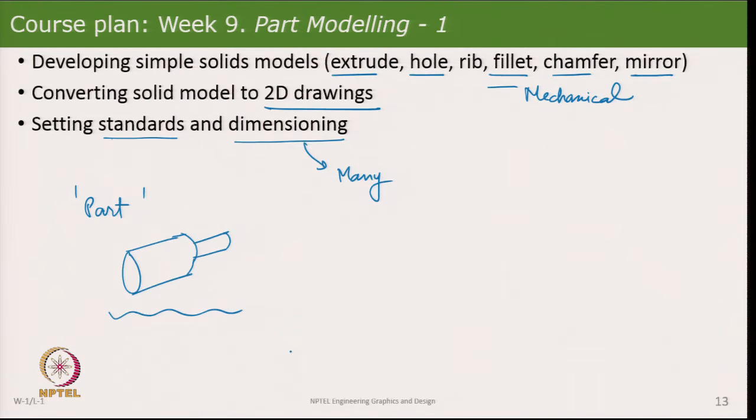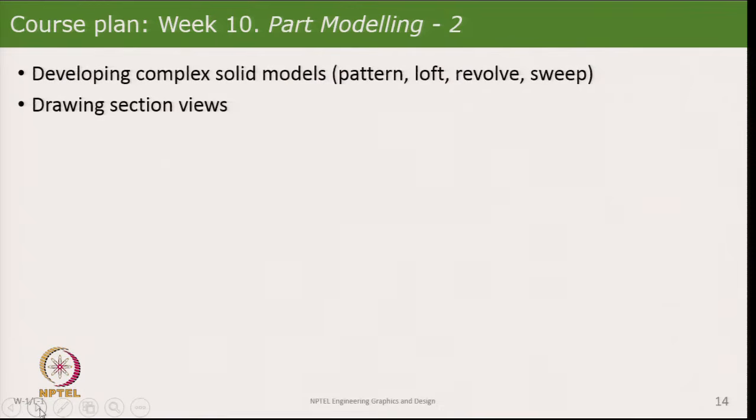Which is the most appropriate way, and maybe which is the correct way, this is what we will see in this. In the next week, we will look at some more complex features like pattern, loft, revolve and sweep, and also learn about how to make sectional views from a solid model.